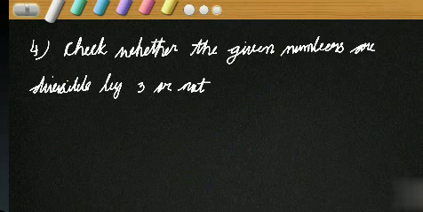So some numbers will be given here. We have to check whether these numbers are divisible by 3 or not.